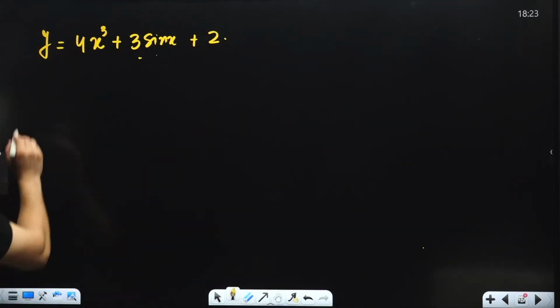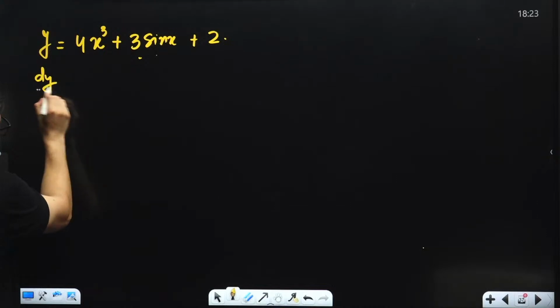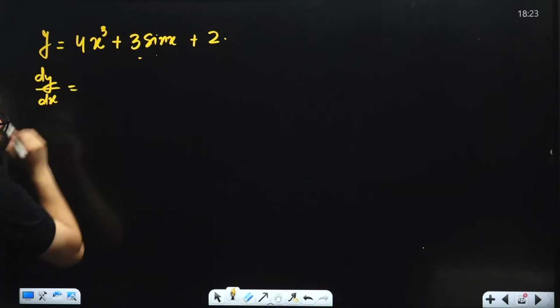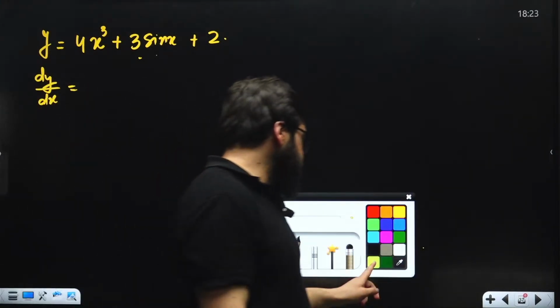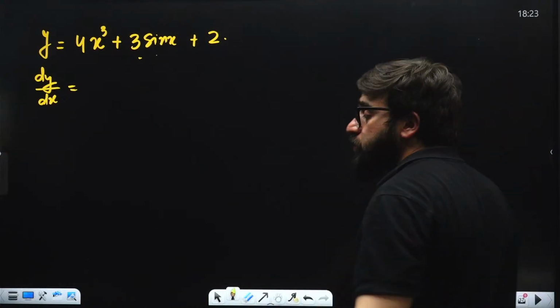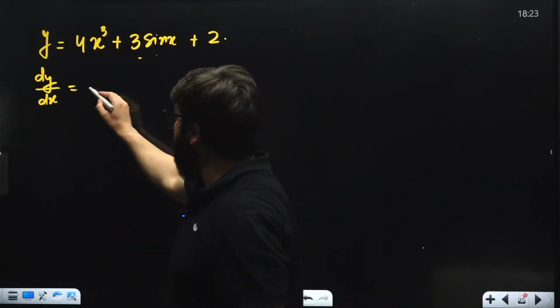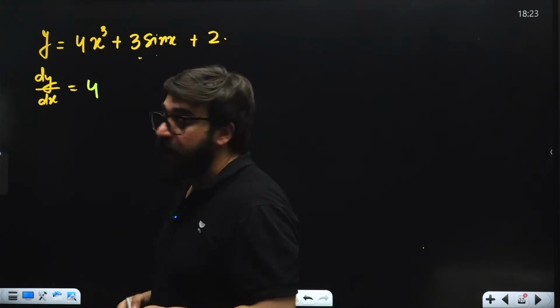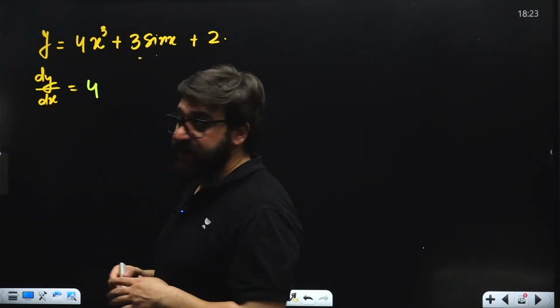Now we have to find dy divided by dx. What is the first thing we are supposed to do? We take the constant out. What is the differentiation of x cube?